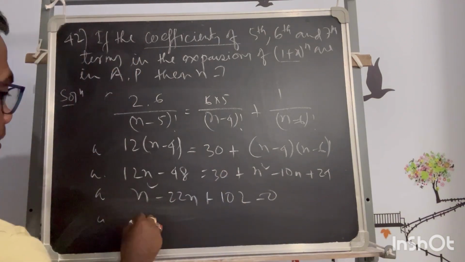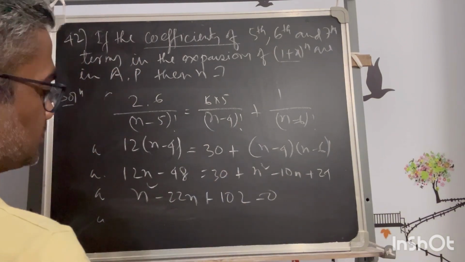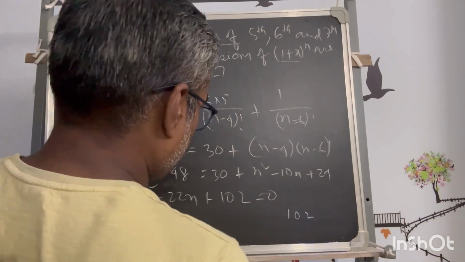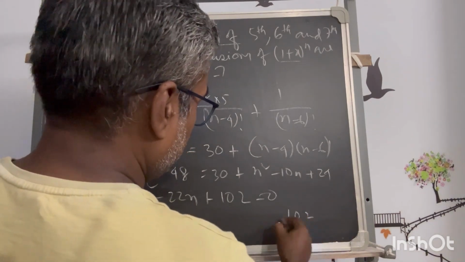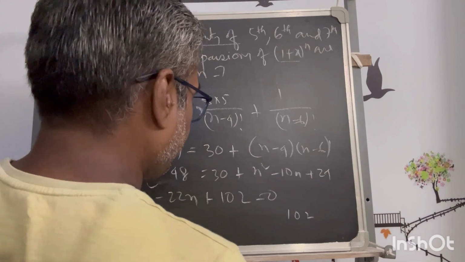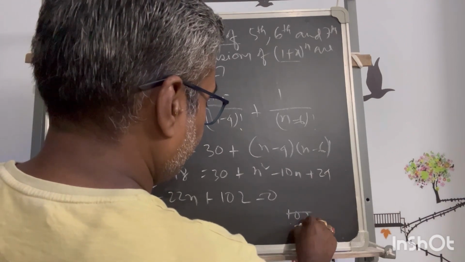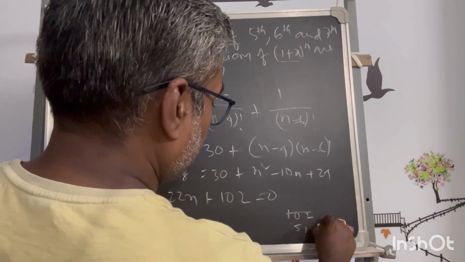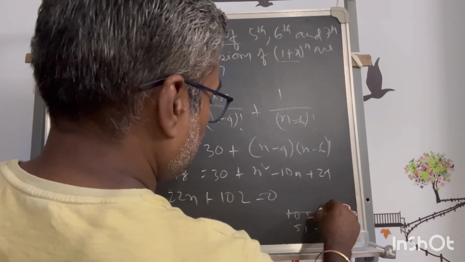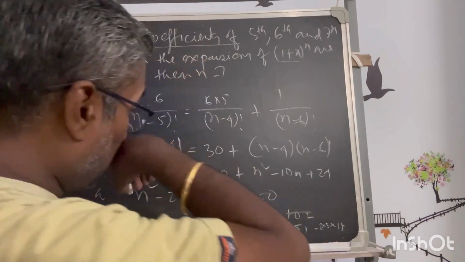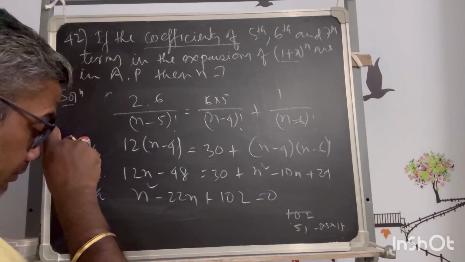Okay, fine. So now how do we get this factorized? 102, how can we break it with 22? If I cancel it by 2, this will be 51. 51 is 3 into 17, and 2 is there, so 102 is 6 into 17, 6 and 17 make 23.